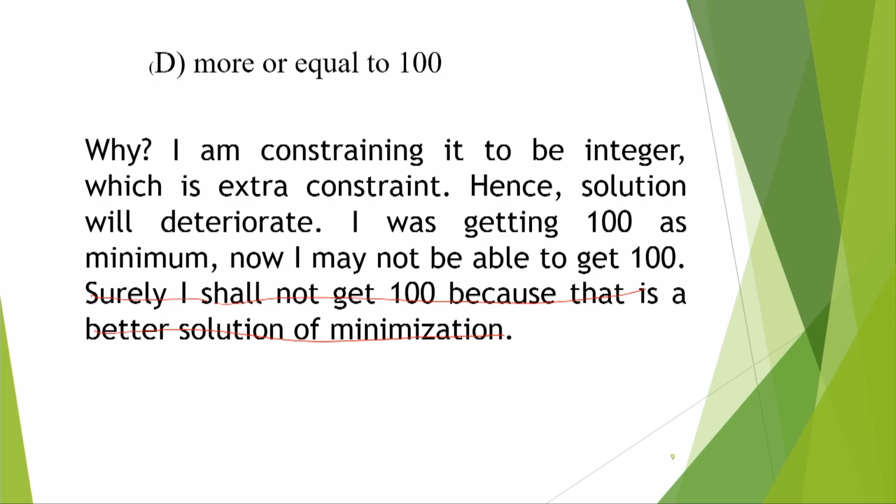That means it is also a possibility that I can get 100. Surely I shall not get less than 100, because if you get less than 100, that means you are improving. Putting a constraint doesn't improve the solution.